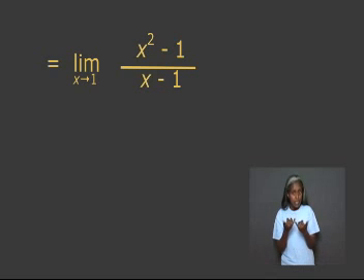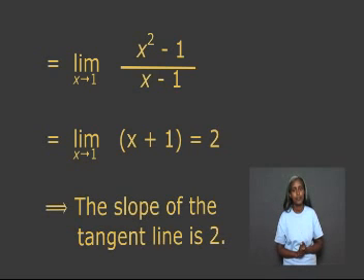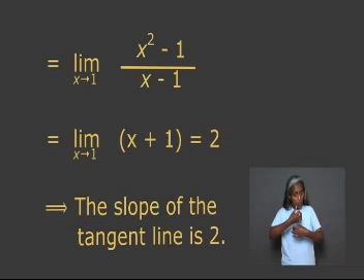Dividing the numerator by the denominator, we find that the limit of x plus 1 as x approaches 1 equals 2. We can conclude that the slope of the tangent line is 2.